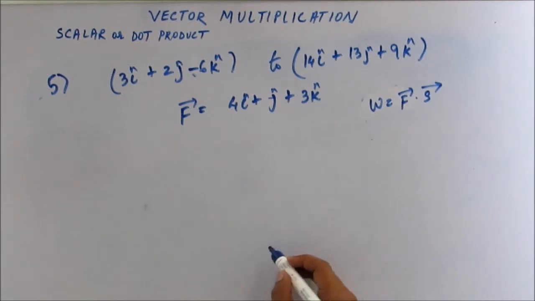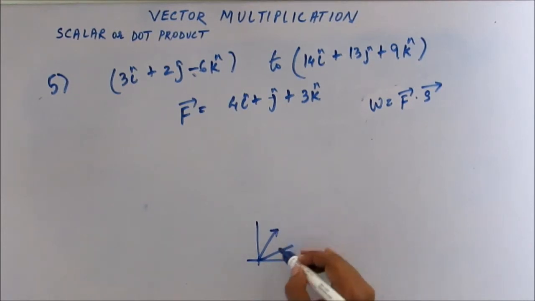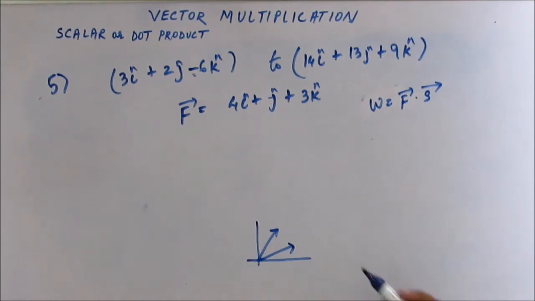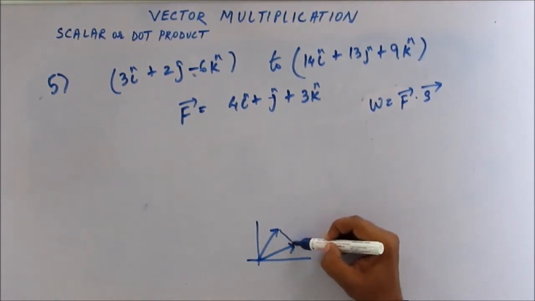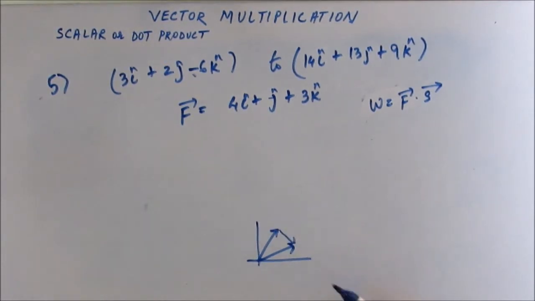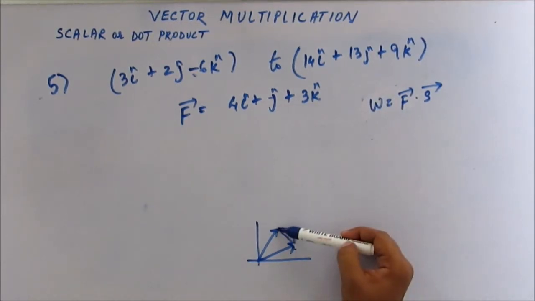Displacement vector is final position minus initial position. Suppose this is the coordinate system, this was your initial position vector, and this is your final position vector. You started from here, you ended up here. What is the displacement? This is the displacement. The final position you know is 14, 13, 9, and the initial position you know.